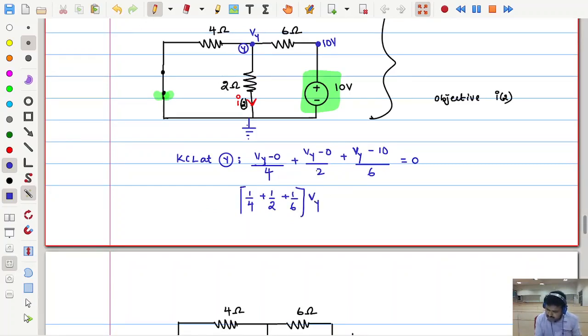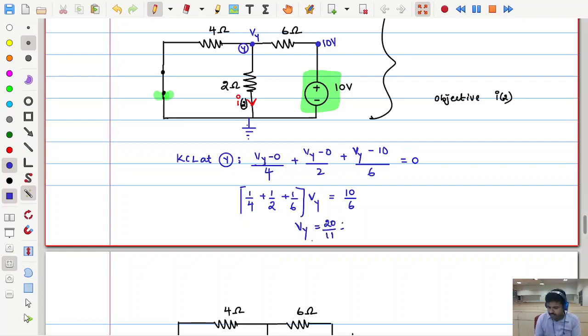Then the constant left out is 0 by 4, 0 by 2, 10 by 6. So 10 by 6. Calculate this value: 1 by 4 plus 1 by 2 plus 1 by 6 is 11 by 12, so 10 by 6 divided by this gives 20 by 11. Vy is equal to 20 by 11.